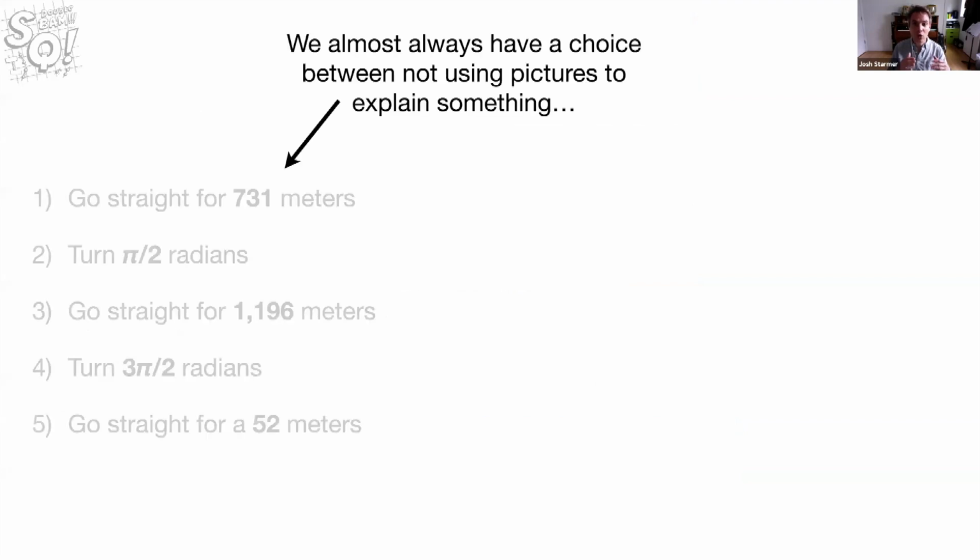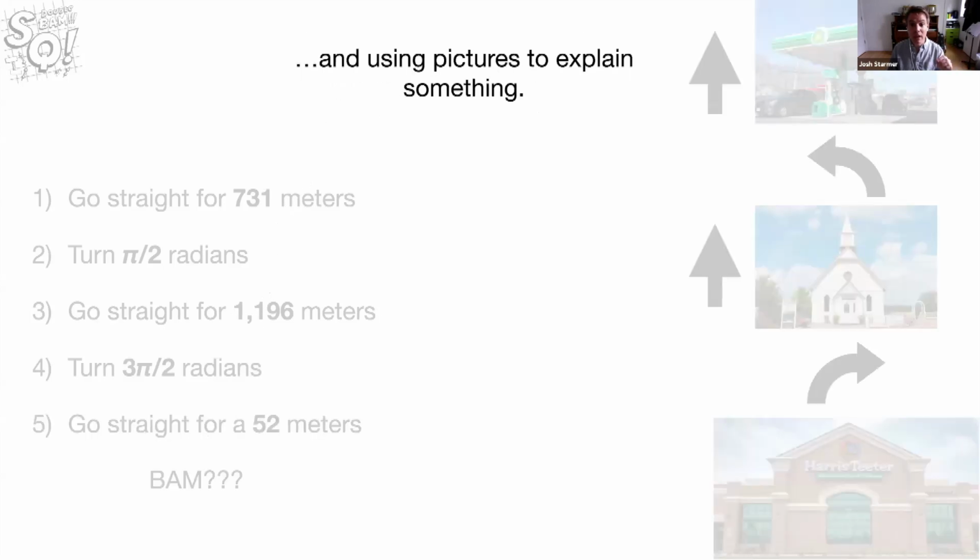To summarize this rule, we almost always have a choice between not using pictures to explain something, and we could just step through these very precise and very accurate directions that are very hard to remember, or we can use pictures to explain something.